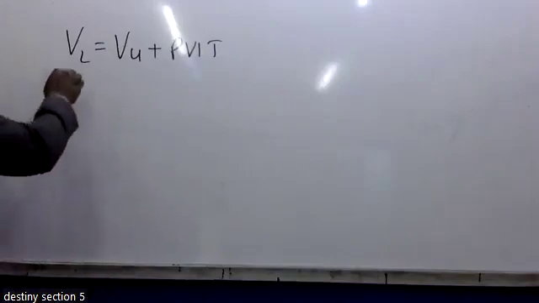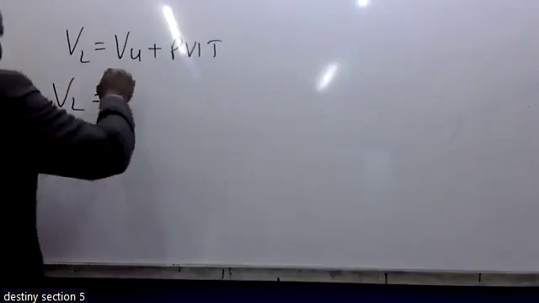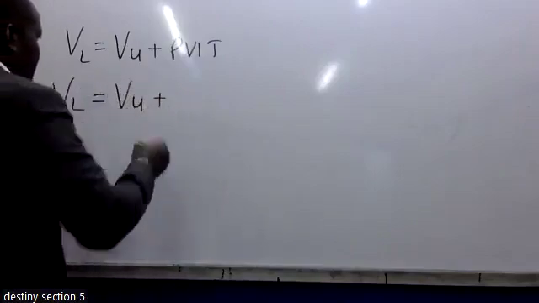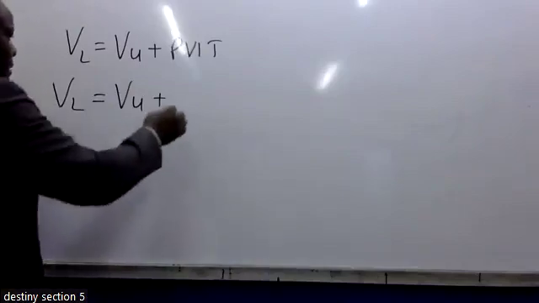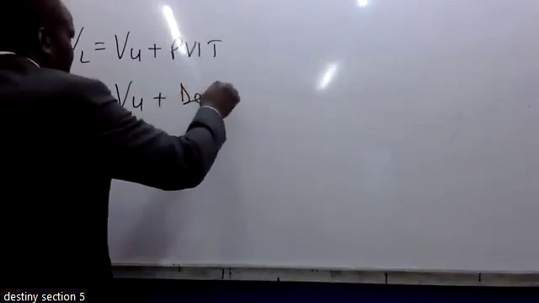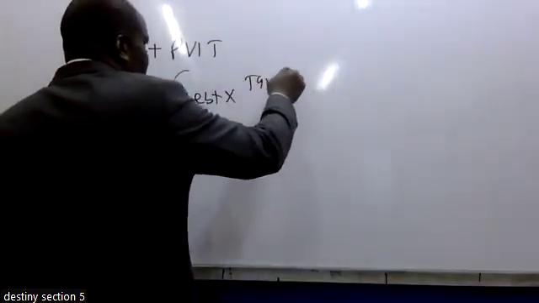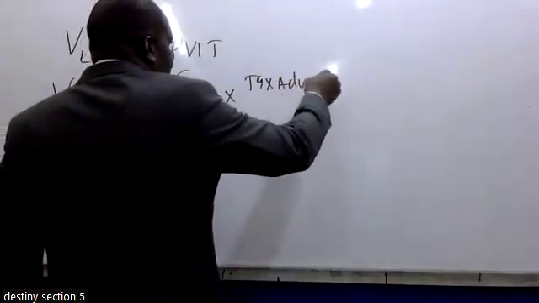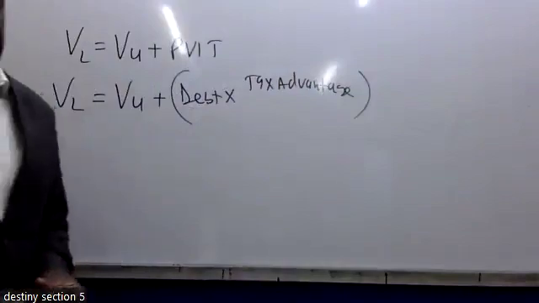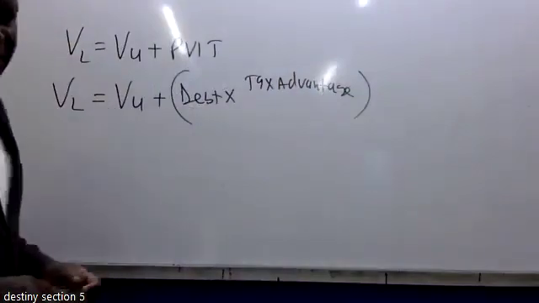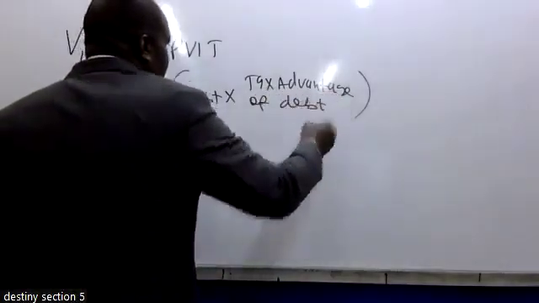So now to get the value for the levered, it will be equal to the value for unlevered. Then we add, multiplied by the tax advantage of the debt.